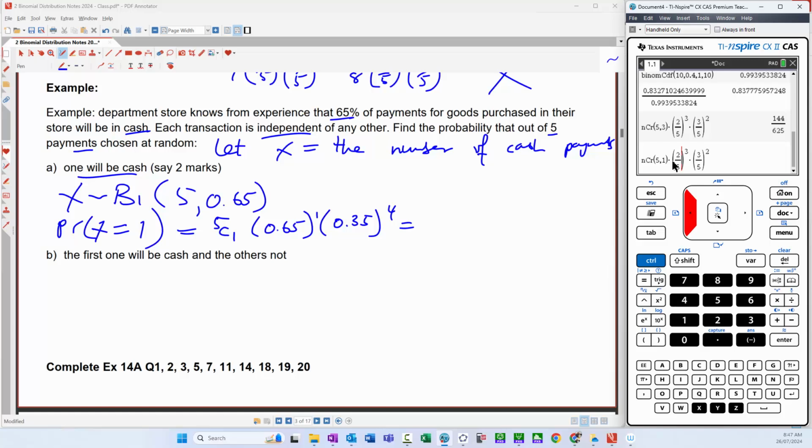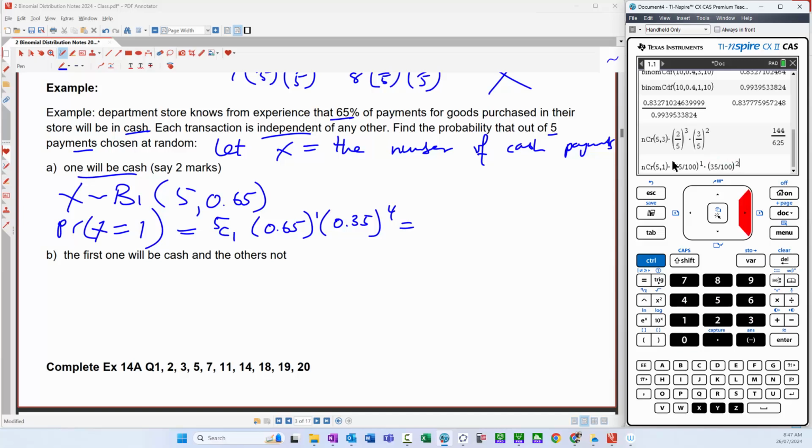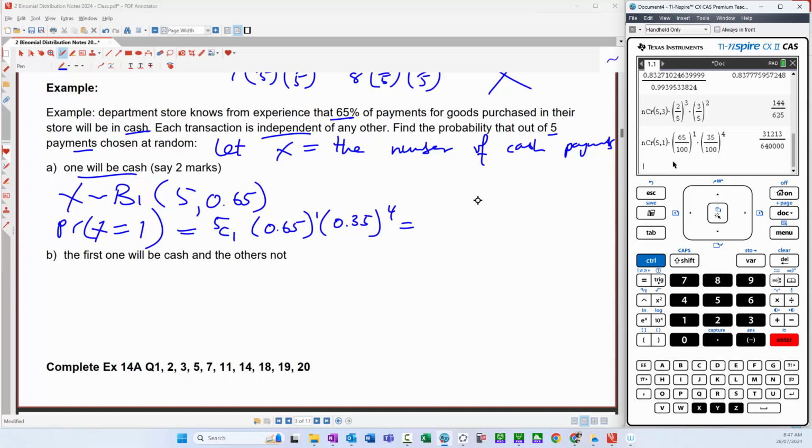So that's going to be 65 over 100 to the power of 1, and what's the other one? 35 over 100 to the power 4. Yeah. Okay, so again, we're going to write that out as a fraction: 31213 over 640,000.